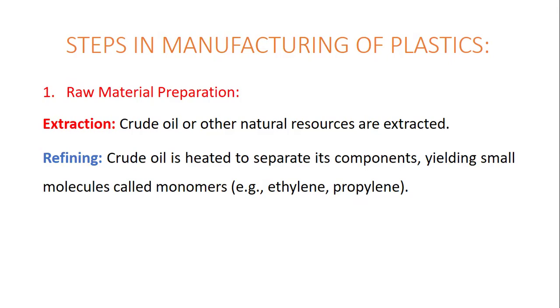Here, crude oil or other natural sources are extracted from the earth's crust. Then the raw materials are refined by heating to the proper temperature, separating all unwanted components, yielding small molecules called monomers.